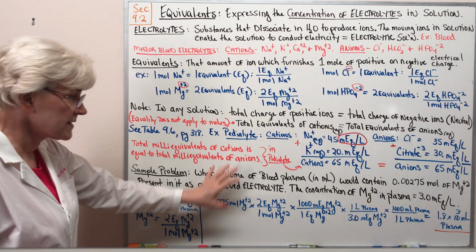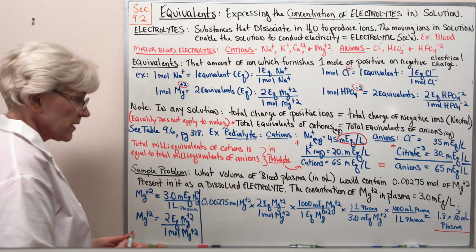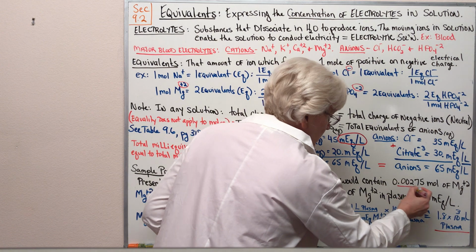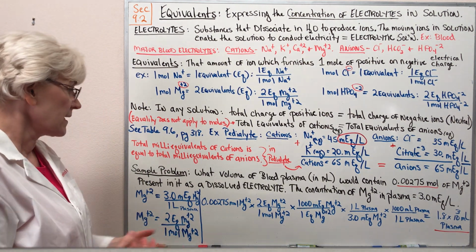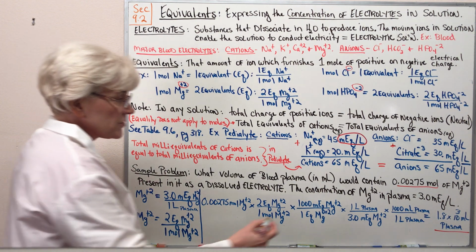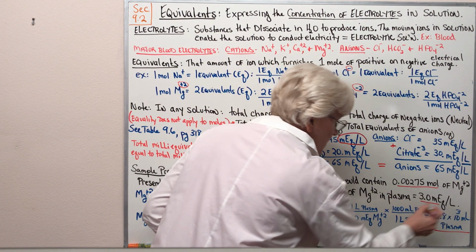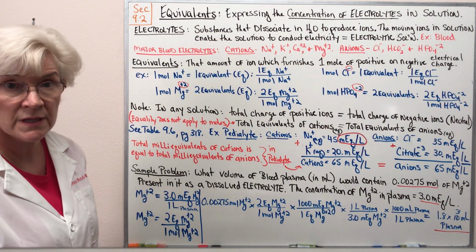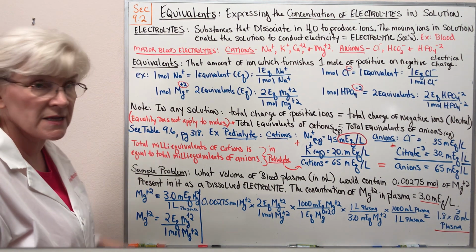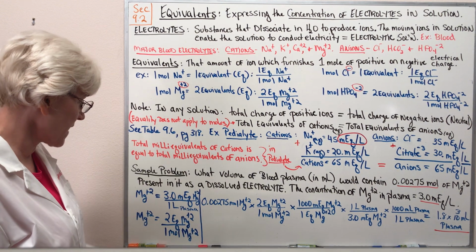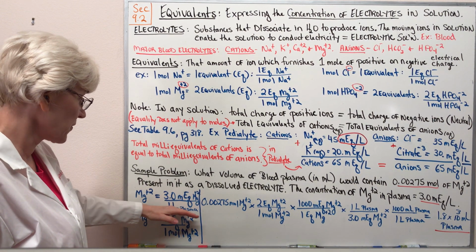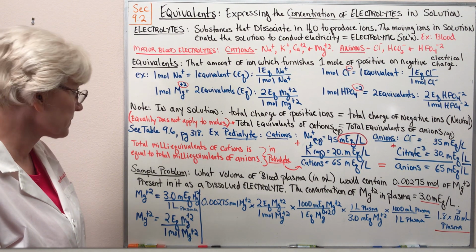Okay, let's look at this problem. We are told that this is the total mole amount of magnesium ion that we need to have present in the blood plasma. We are told that the concentration of magnesium ion in blood plasma, getting that from table 9.6, is 3 milliequivalents of magnesium present per liter of plasma.